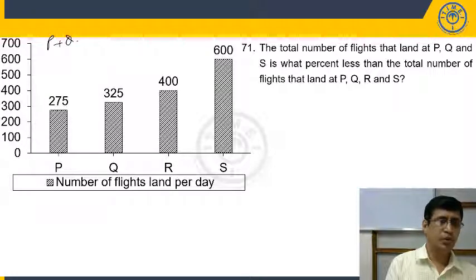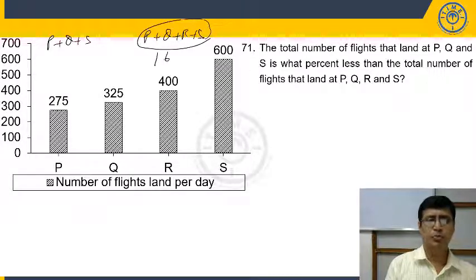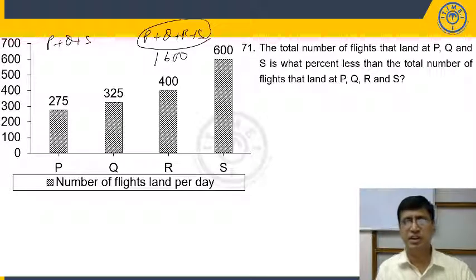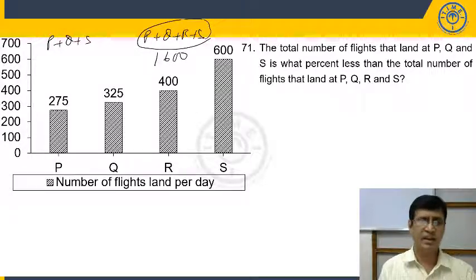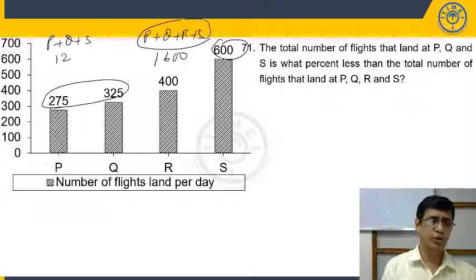Here P plus Q plus R plus S is equal to 1600. Whereas P plus Q and S, how much here? It is 600. It is also 600. So 600 plus 600, 1200.